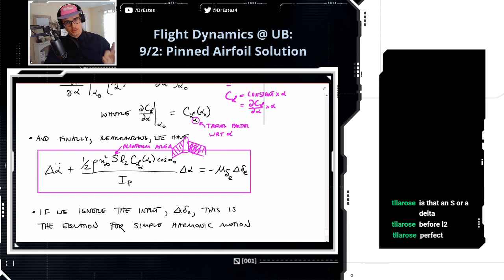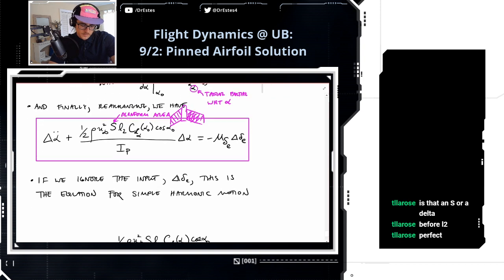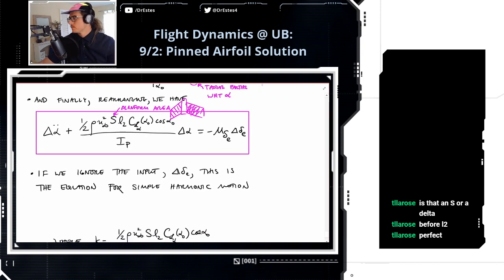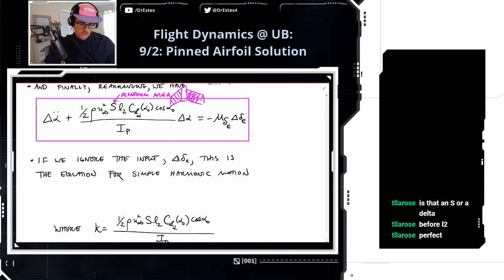Okay, these are our perturbation dynamics about the equilibrium point. And because writing all of these symbols is a little bit of a drag, we're going to replace that big coefficient here with, we're just going to call it a K. So it's K times delta alpha.